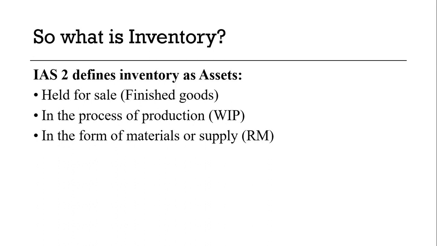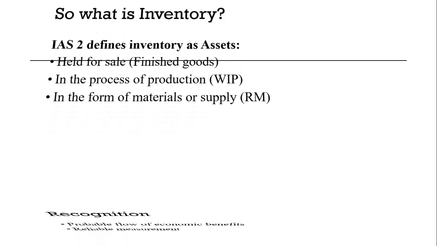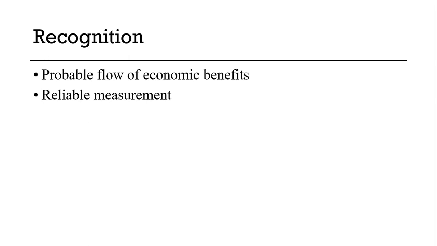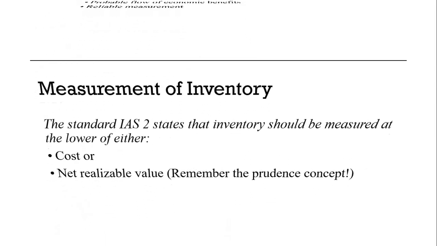Inventory can be described as an asset held for sale, and of course it comes in three forms: finished goods, work in progress, as well as raw materials. For us to recognize inventory, we need to have the framework's requirements of probable flow of economic benefits from the asset to the entity, as well as reliable measurement.